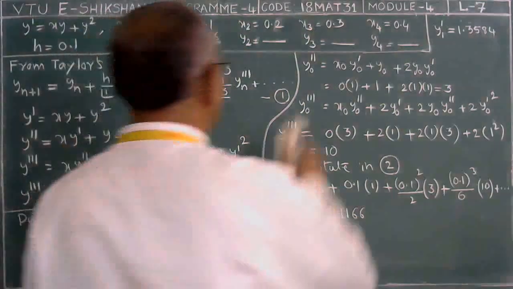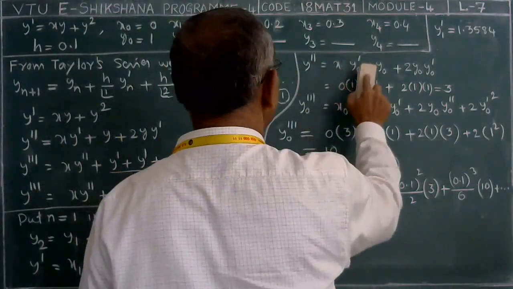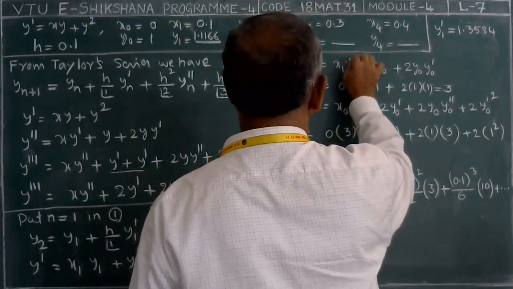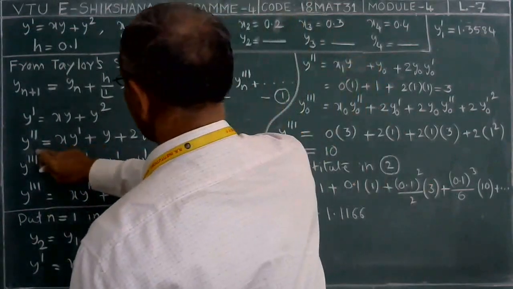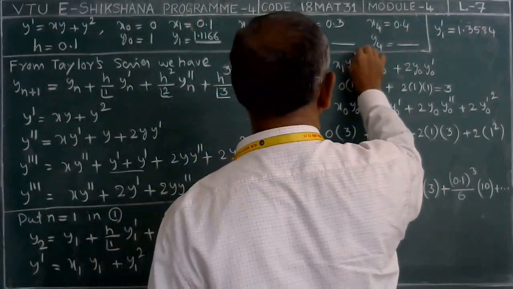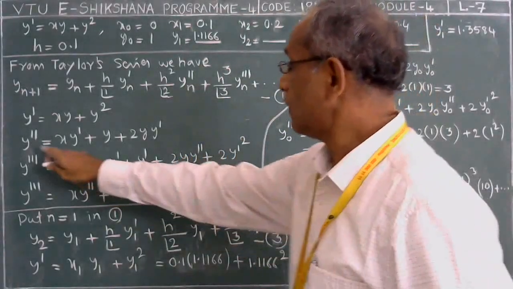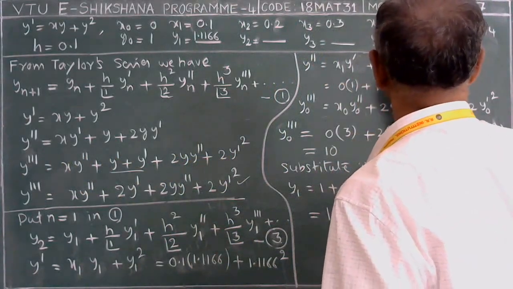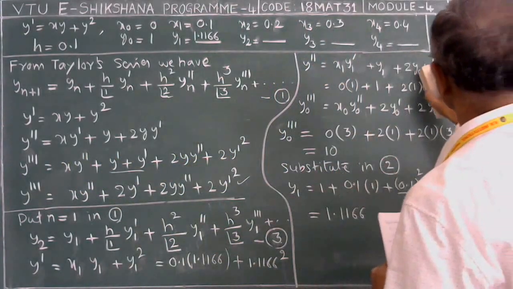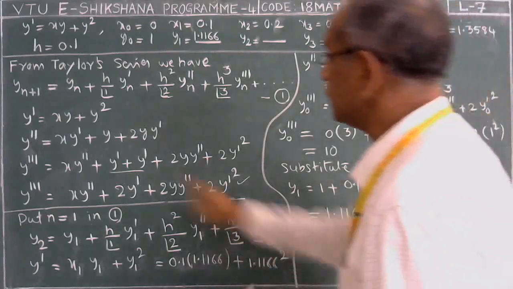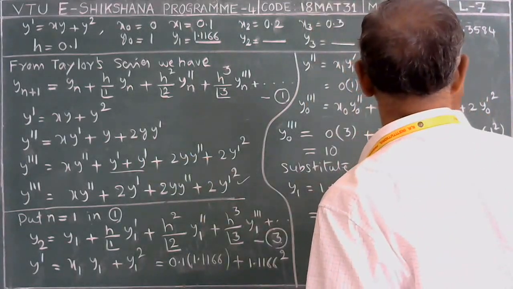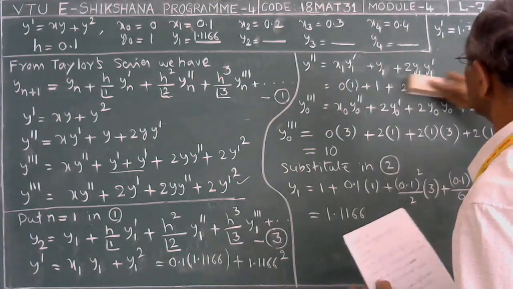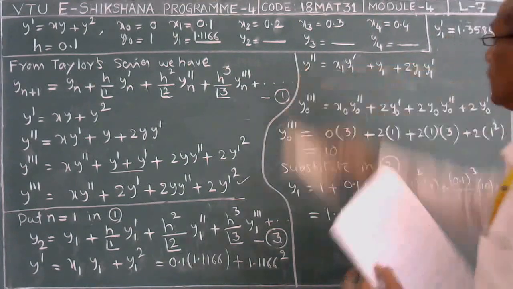Okay, so next, y1 double dash. y1 double dash is x1 y1 dash plus y1 plus y1 plus 2 into y1 into y1 dash. Now substitute the values.